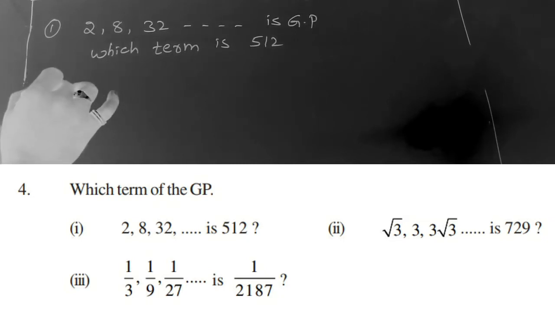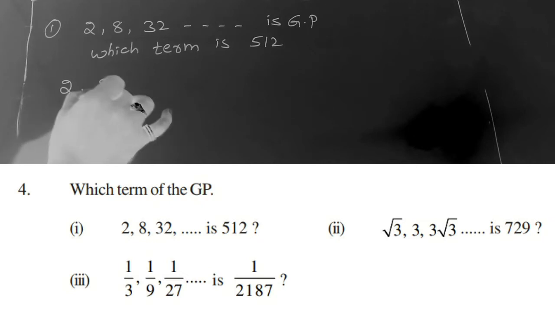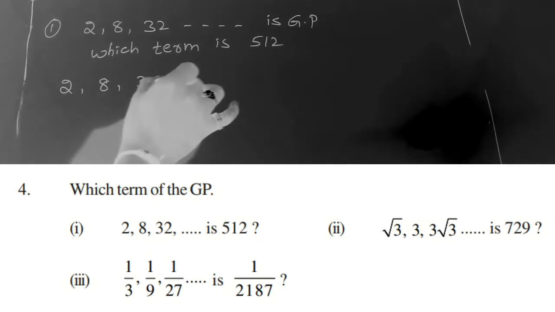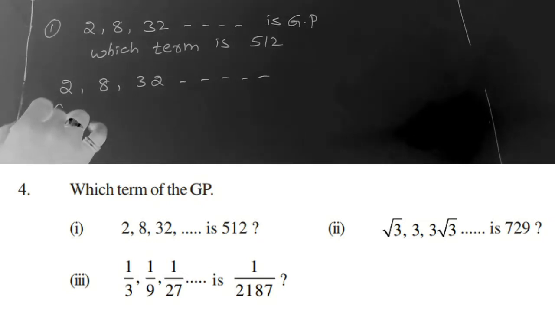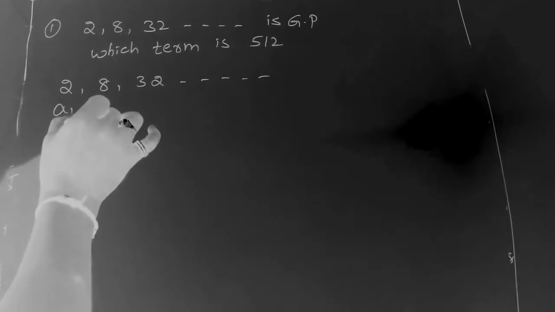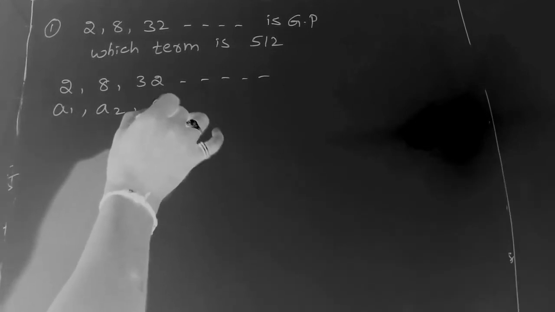So first you take the given series 2, 8, 32 and so on. So this is the first term, this is the second term, this is the third term.